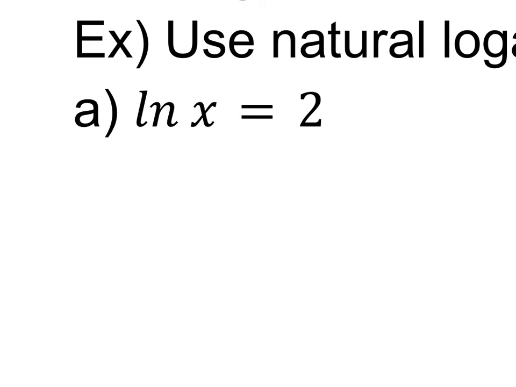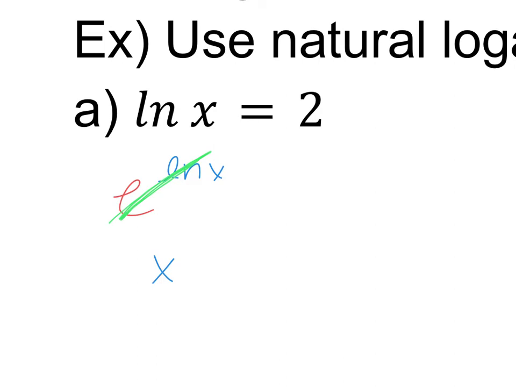And the answer is the famous e. Remember, e is raised to a power, it's always e to the something power. So if you write e to the natural log of x, the natural log and e end up canceling each other out and you are left with just x.